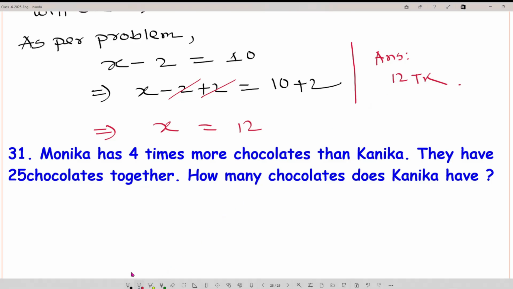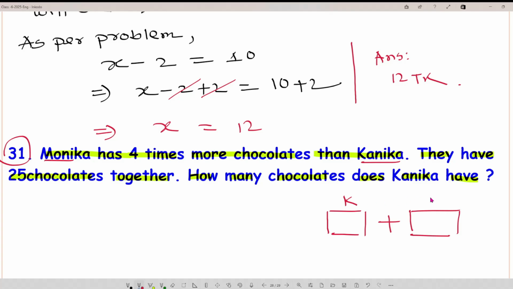Question 31. Monica has 4 times more chocolates than Konika. They have 24 chocolates together. How many chocolates does Konika have? Okay, look, here are 2 persons, Monica and Konika. They have some chocolate, right?